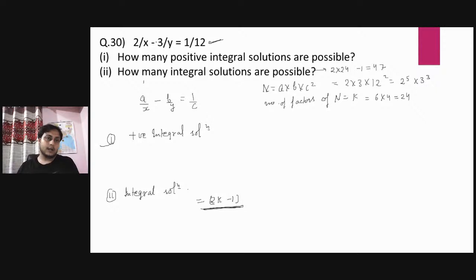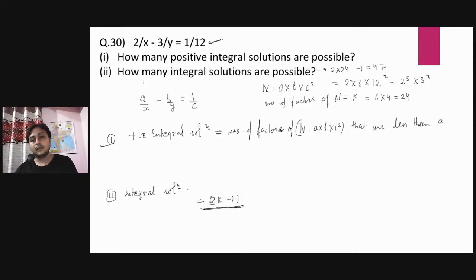So guys, in case of negative sign, the number of positive integral solutions should be equal to the number of factors of n, where n is equal to a into b into c square, that are less than a into c.